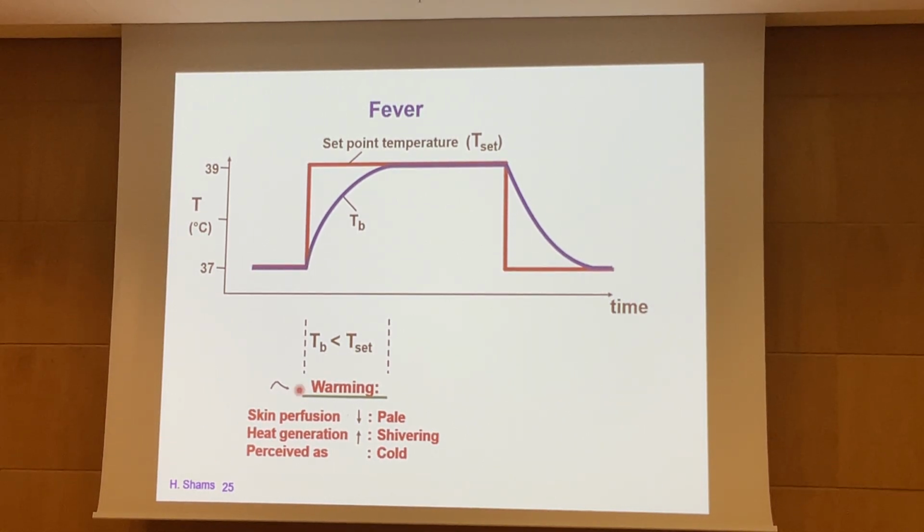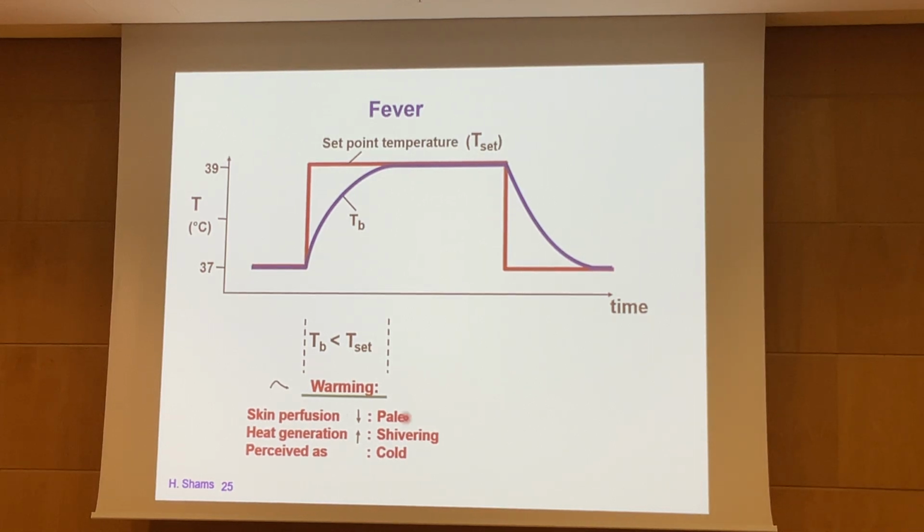Therefore, the skin looks pale. And it should produce more heat. Therefore, shivering. You start to shiver, and you perceive the situation as it being cold. If you feel cold and you start to shiver and you are pale, that is the rising phase of fever.